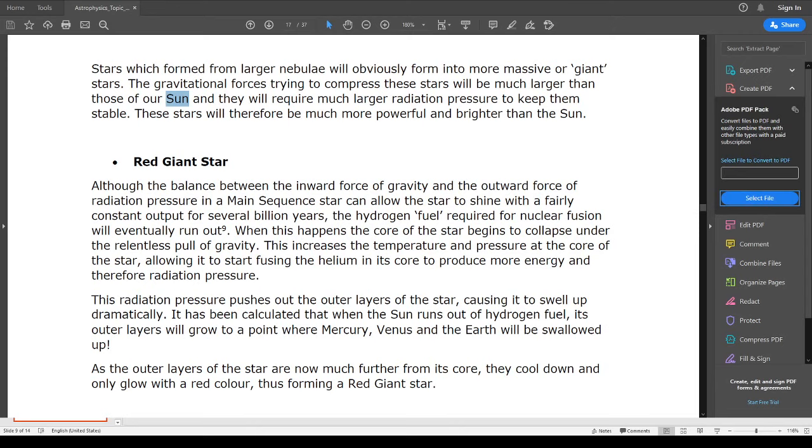So the temperature at the core of our sun is lower than the temperature at the core of these massive stars. Since these massive stars have a higher temperature and pressure at their cores, they can have more energetic and more frequent nuclear fusion reactions.